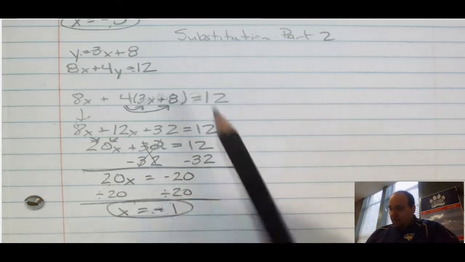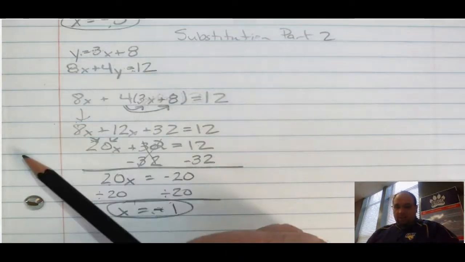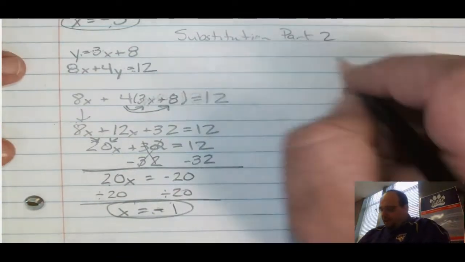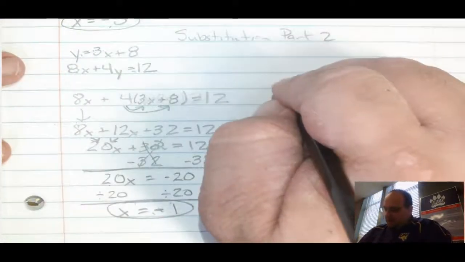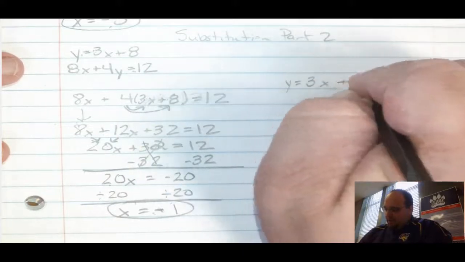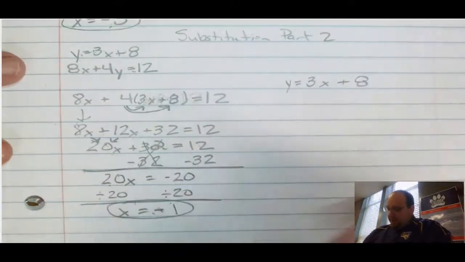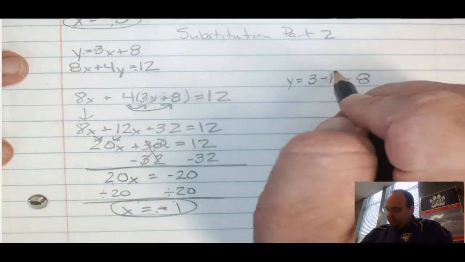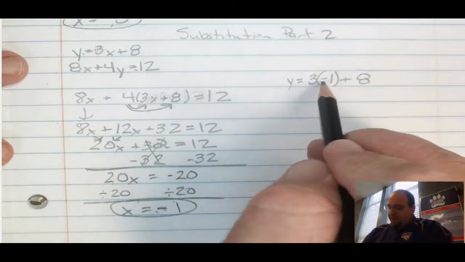I'm going to put negative 1 into one of these two equations. Again, it won't matter which one, because I get the same answer no matter where I substitute. I'm going to substitute it into this one because it says y equals. So I'm going to have y equals 3x plus 8. In the place of x, I'm going to put a negative 1.